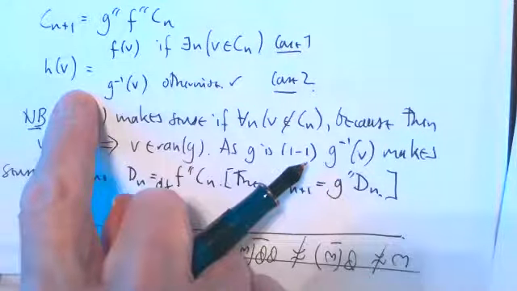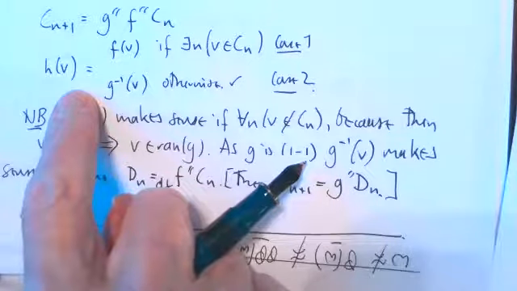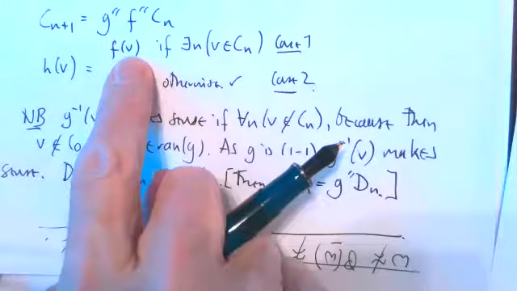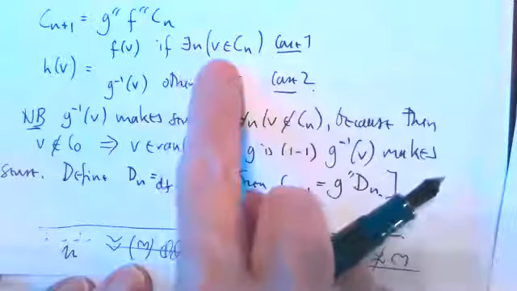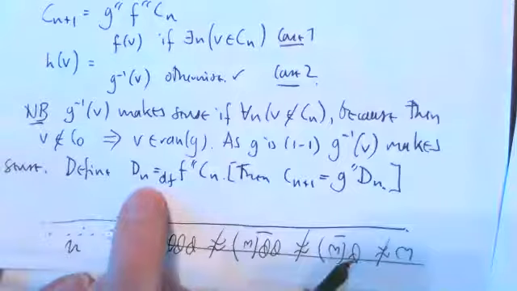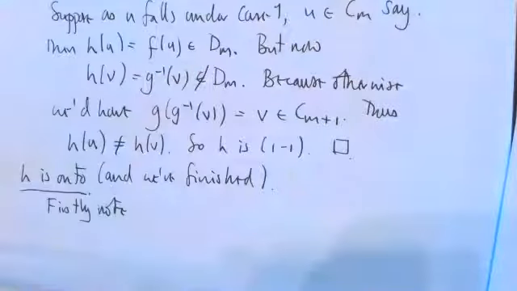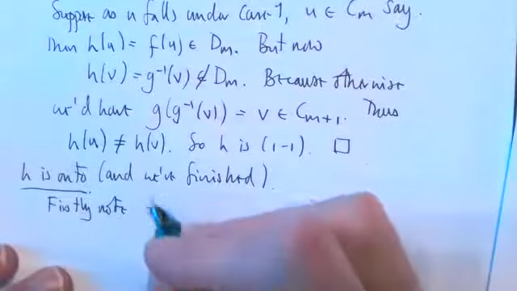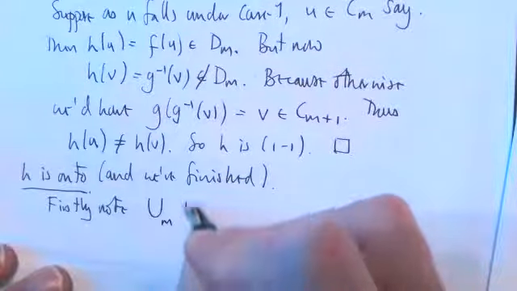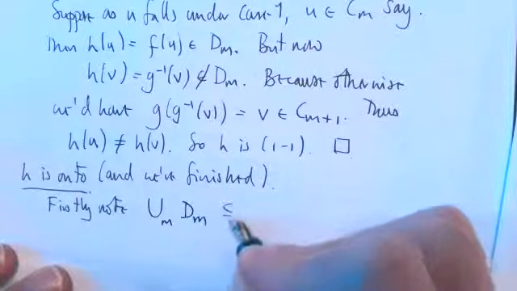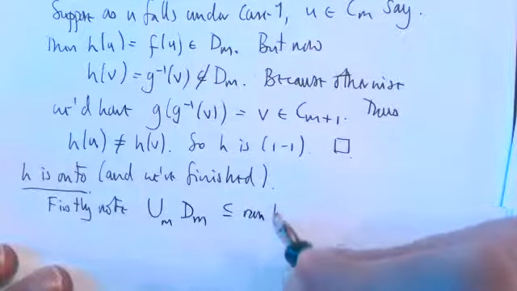So that's clear. We've got those safely in the range of h. Because for case 1, they're f on a Cn, and that's a Dn. So the union of the Dm's is contained in the range of h.